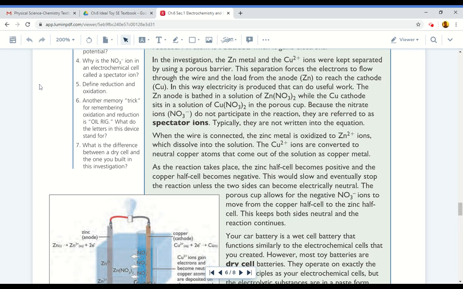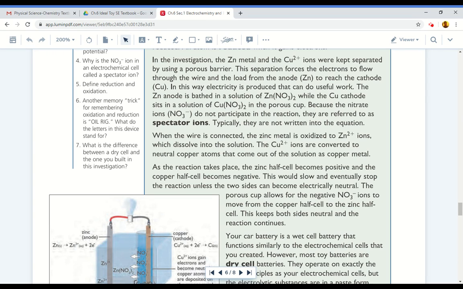In the investigation, the zinc metal and the copper ions were kept separated by using a porous barrier. This separation forces the electrons to flow through the wire and the load from the anode, zinc, to reach the cathode, copper. In this way, electricity is produced that can do useful work.